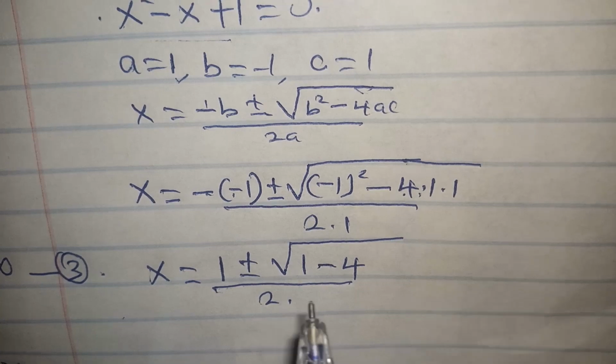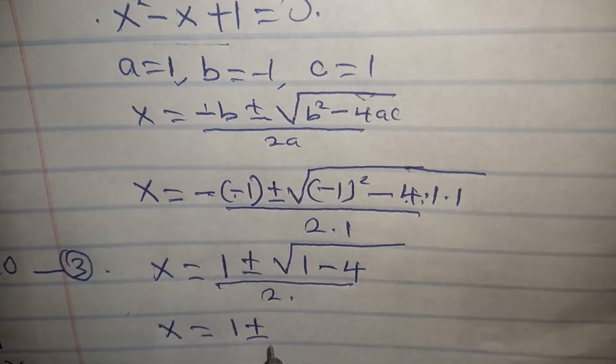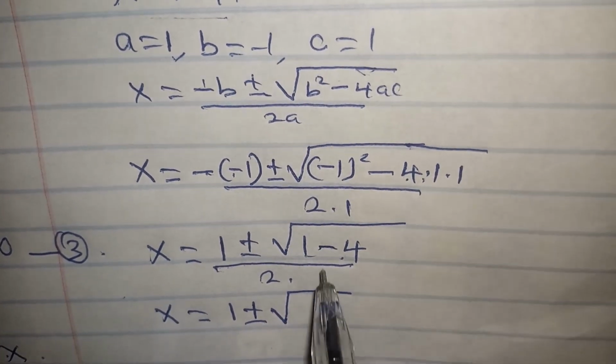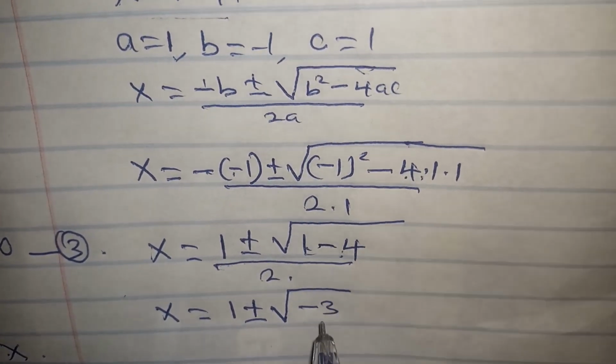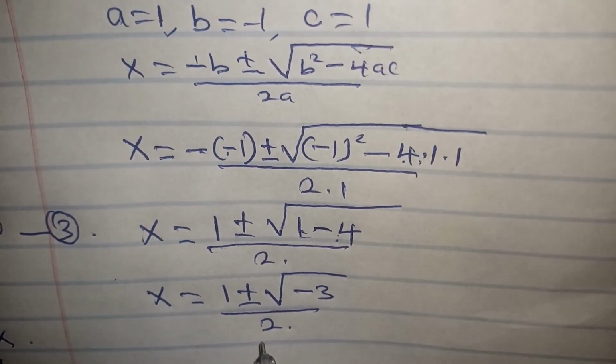So from here we can say our x is equal to 1 plus or minus the root of 1 minus 4, which gives us minus 3, over 2.